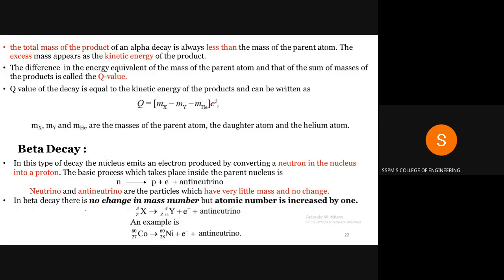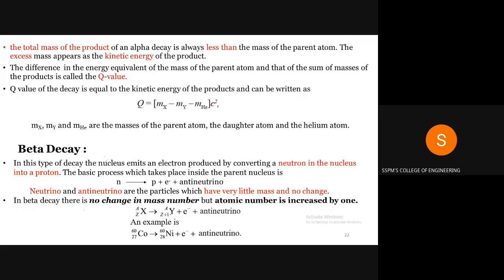In beta decay, there is no change in mass number, but the atomic number is increased by 1. Okay. So here is this element having Z value, and this is the mass number, Z plus number of neutrons equal to A. So it provides you Z plus 1, and one electron is emitted.